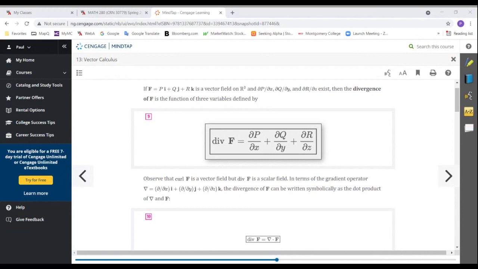So you can think of the partial with respect to x times P, plus the partial with respect to y times Q, plus the partial with respect to z times R. That gets you the divergence of F. It's just another way of thinking about it. Are there any questions on that?